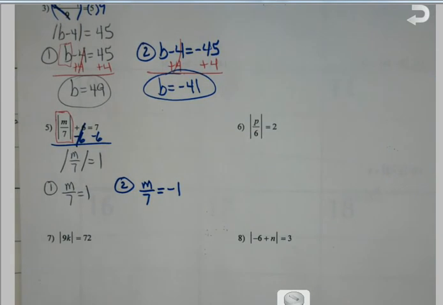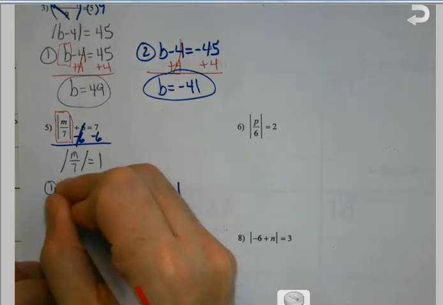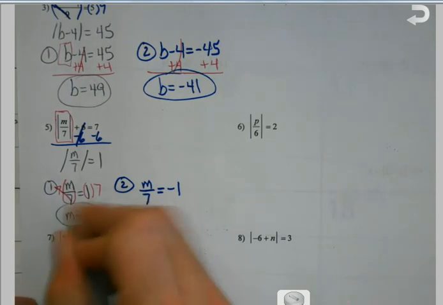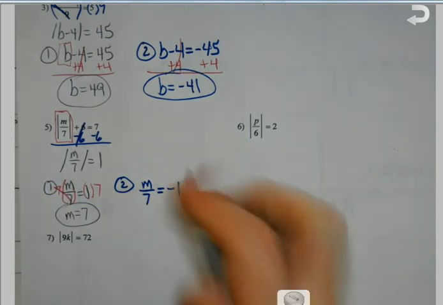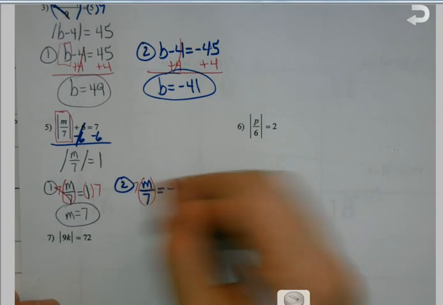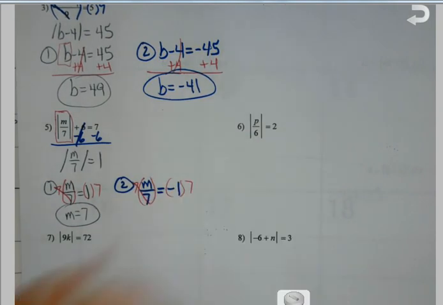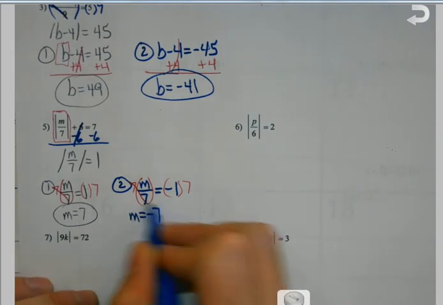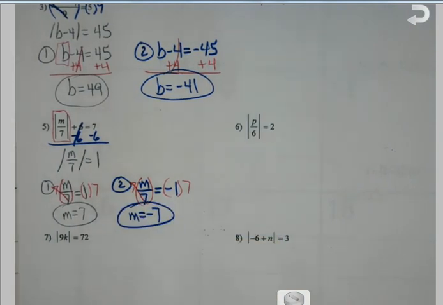So now it looks like I'm dividing m by 7. So what would the opposite be? Times. So I do that to both sides on both of them. And all that's going to do is get rid of the 7 over here. I'm not going to have 7m. I get my 2 answers.